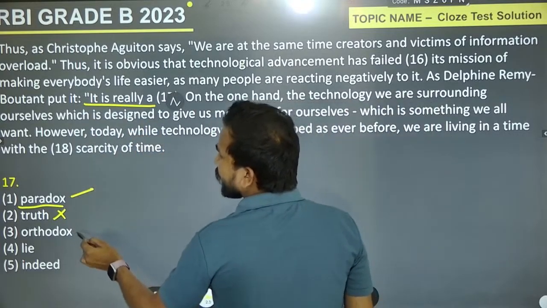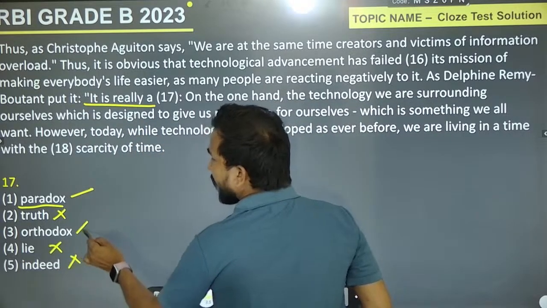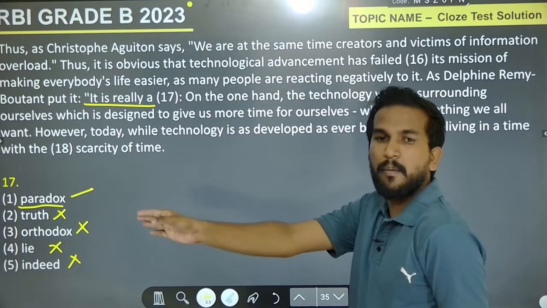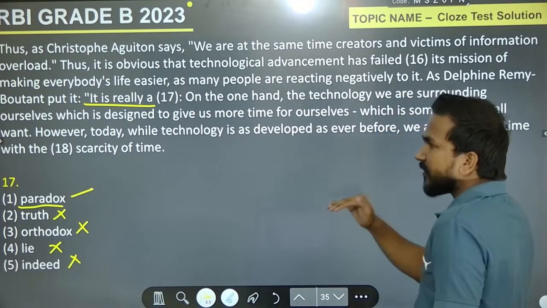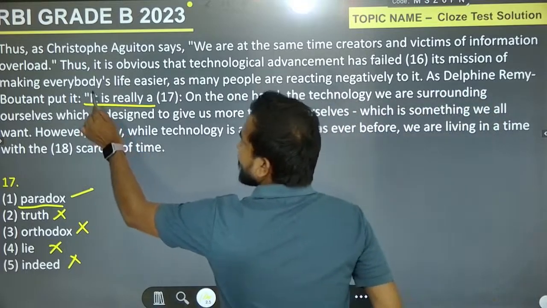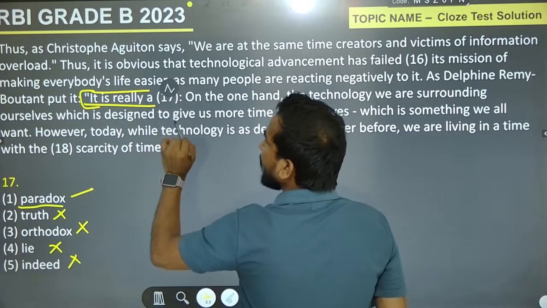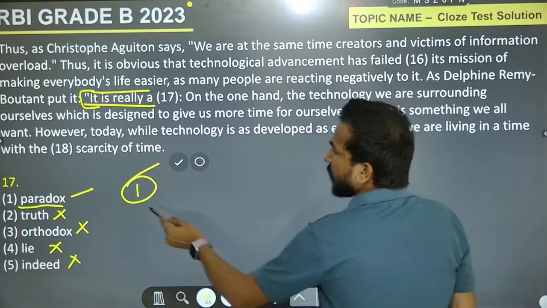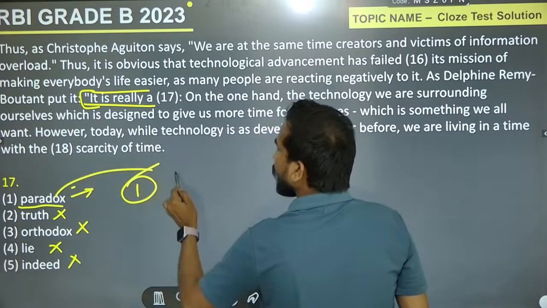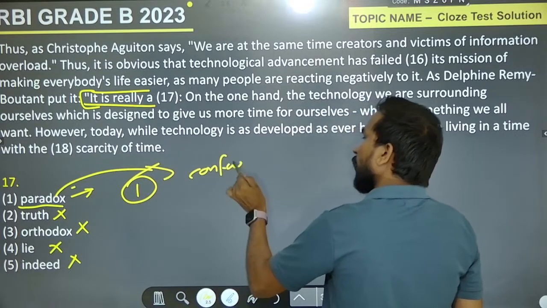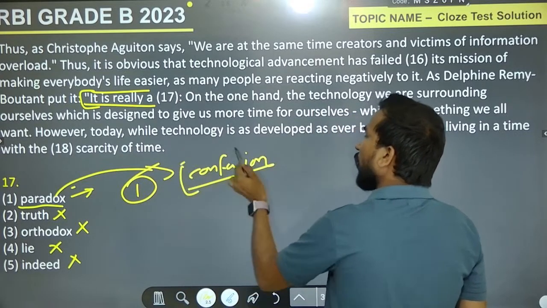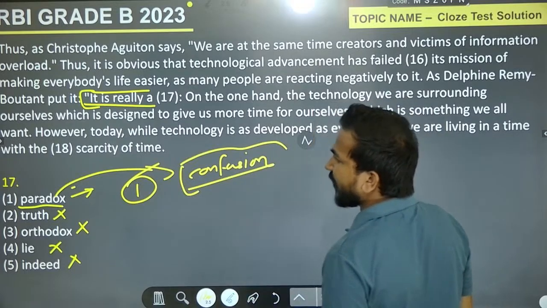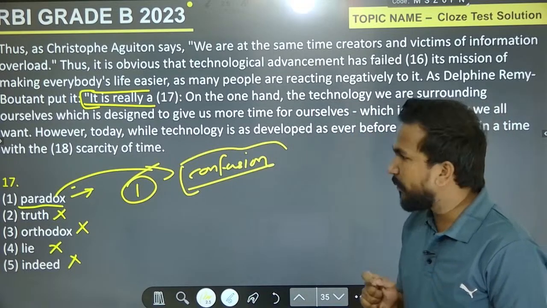That is confusion actually, because we don't know what is the fair side of technology and what is the negative side of technology. So it must be one, paradox, that is the confusion where you can't go for the right choice. That will be called paradox.